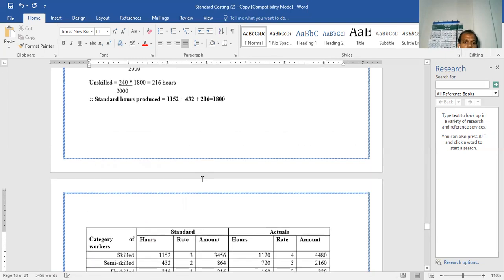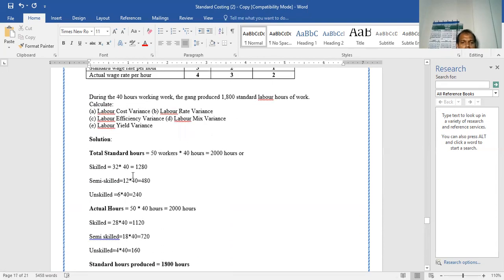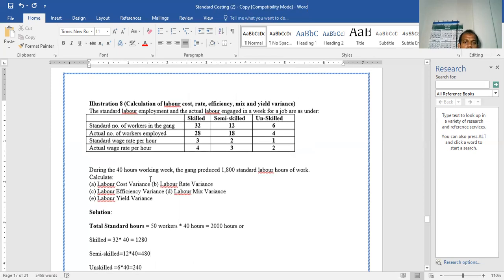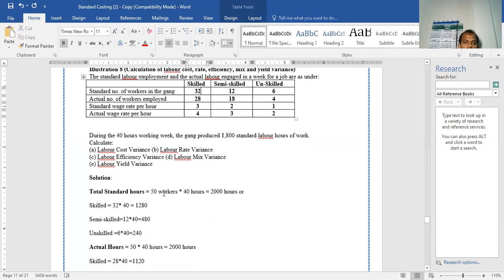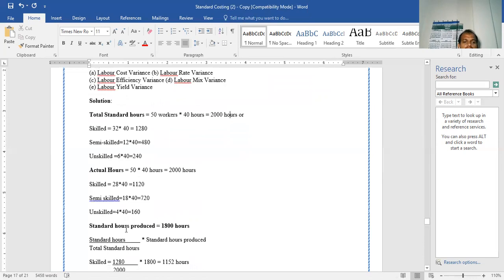Revised standard hours, we calculated in the first step itself. The standard hours mentioned in the illustration are 40 hours into 50 workers, so 2000 hours. But these were revised according to standard hours produced, 1800.